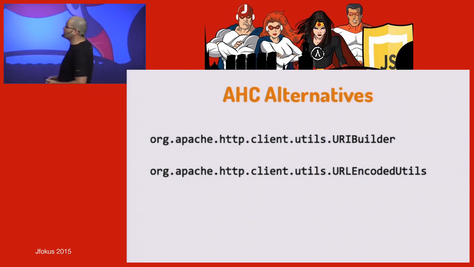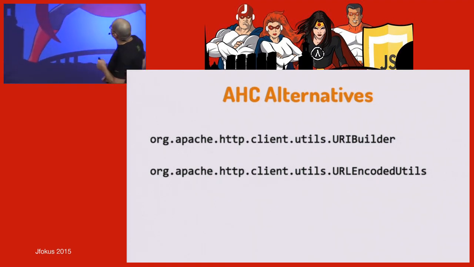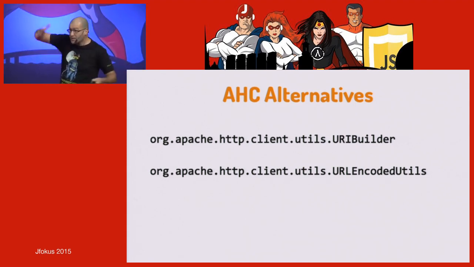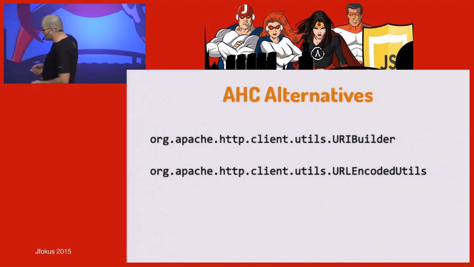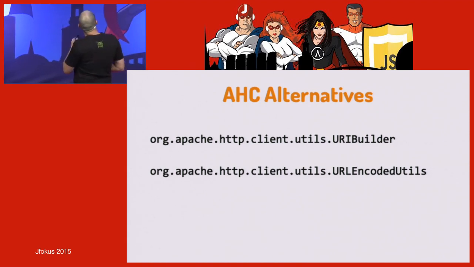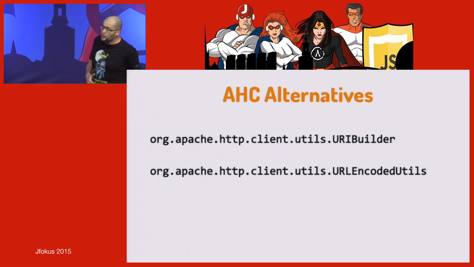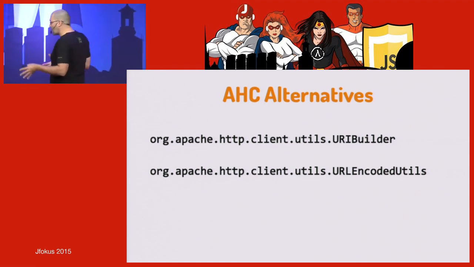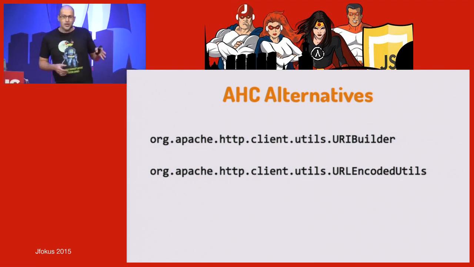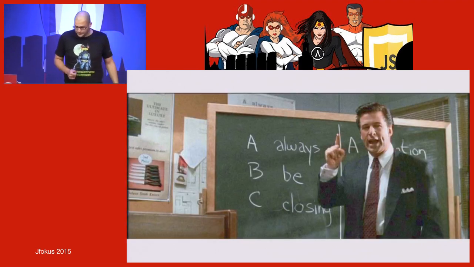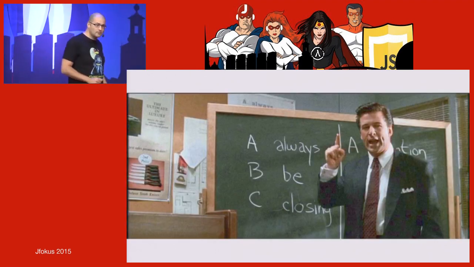There are very good alternatives in the Apache Commons HTTP client, not related to the async part, of course, but can be used in any code. There is a URI builder and the URL encoder utils, and they allow you to encode correctly the correct parts of it. All right. Next topic.